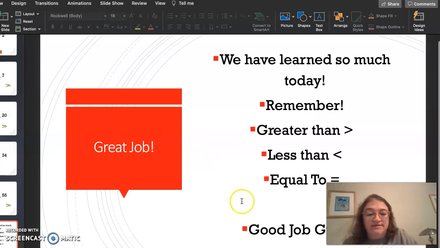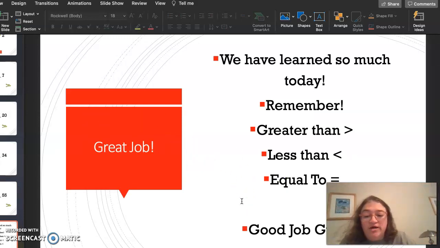All right, so let's take a quick minute and review what we have learned today. Remember, our greater than symbol. This is our greater than symbol. It's going to open to the left. It's going to eat that bigger number. That's our greater than alligator.